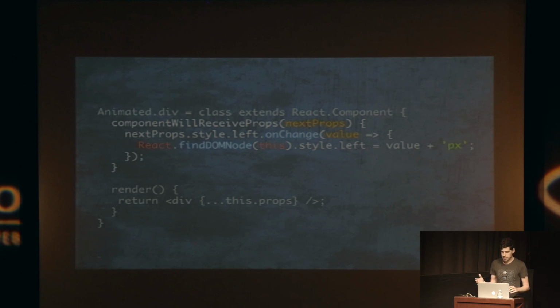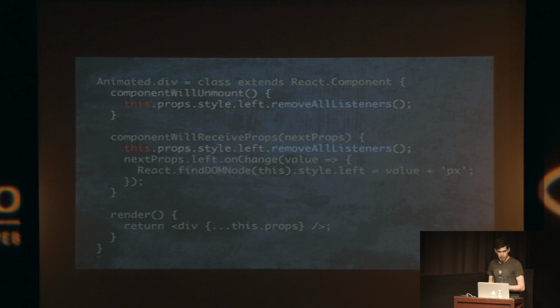React is actually very good because it provides all of those lifecycle methods that tell you when a component has been updated and when it unmounts. Using those, we can remove the previous listeners before we receive the next props and before we unmount. Thanks to this, we're able to solve all of the race conditions and all of the memory leaks.